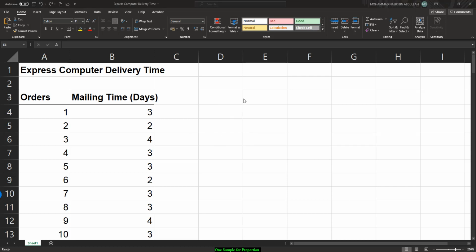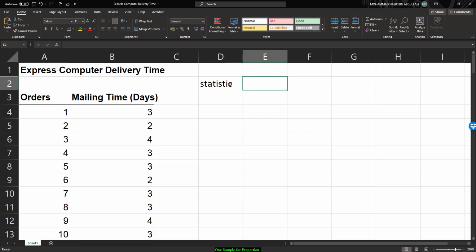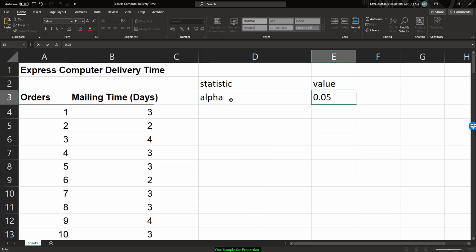In our Excel file, we need to put some values. First we type the statistic, and this is going to be our value. Now we need to state our alpha. Our alpha is 0.05 and our P is 0.8 proportion, which is 80%.